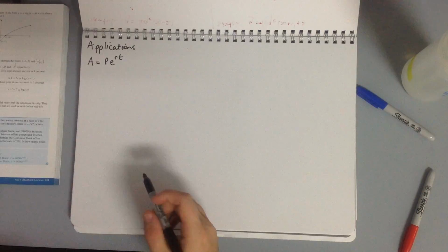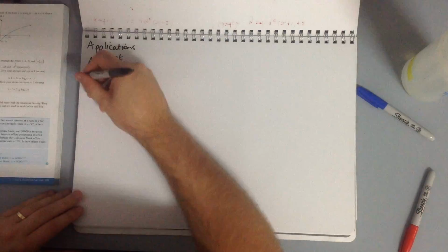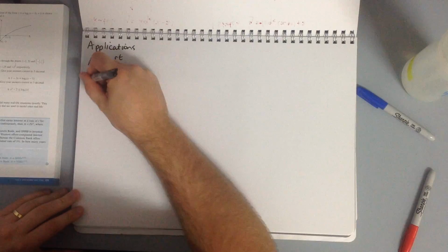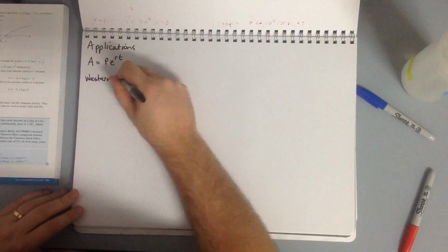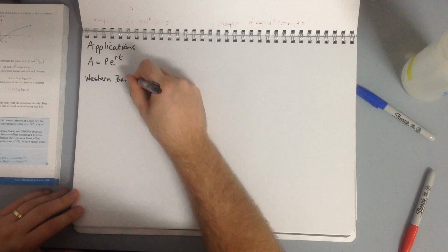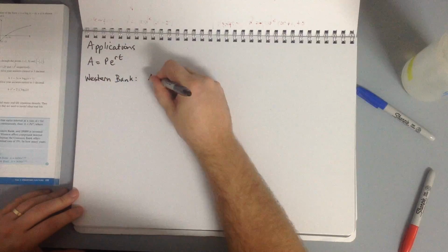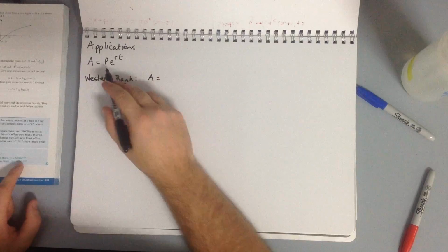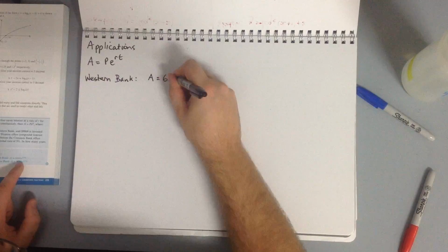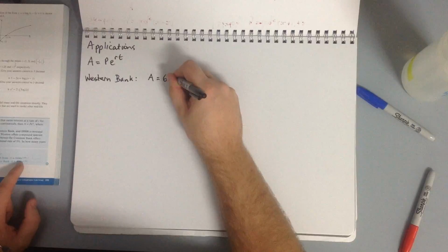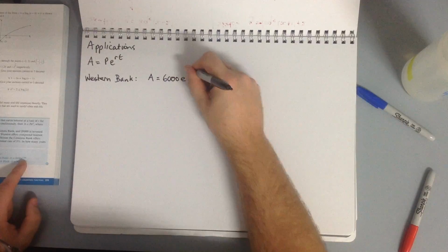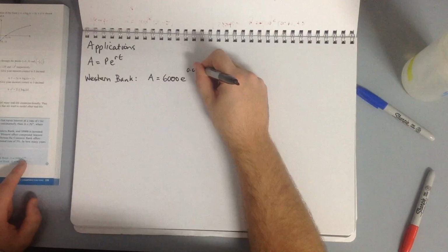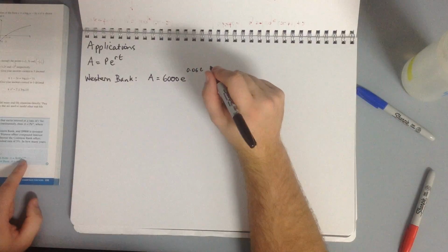What we need to do is set up our two accounts. For the Western Bank, we have A, and the amount that we're investing was 6,000, that's our P or our principal value, e to the rate 0.06 times T, because it was 6%.